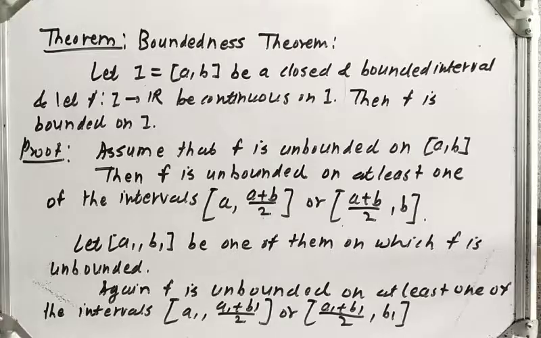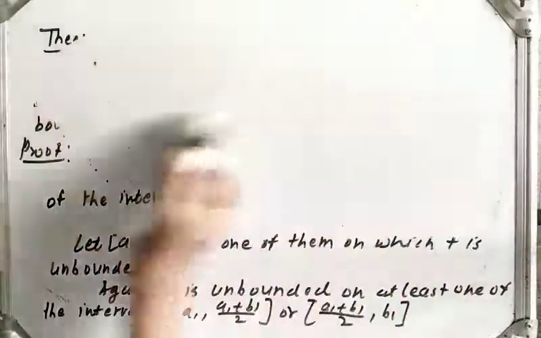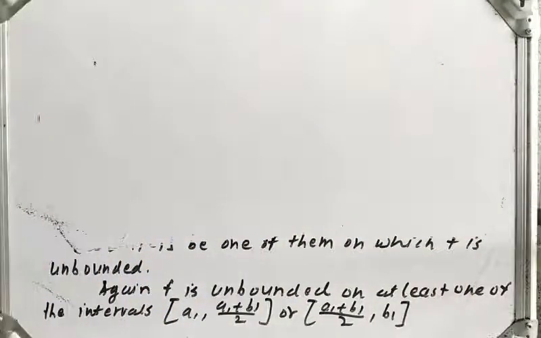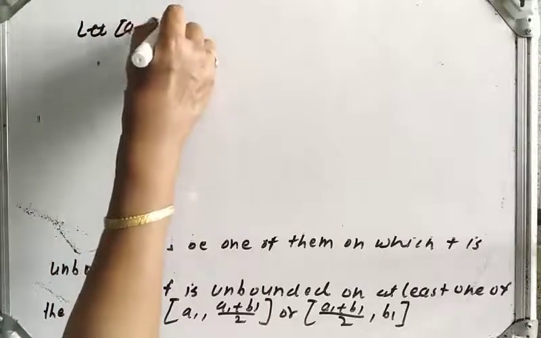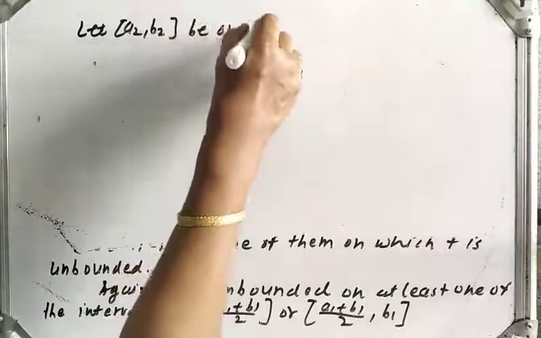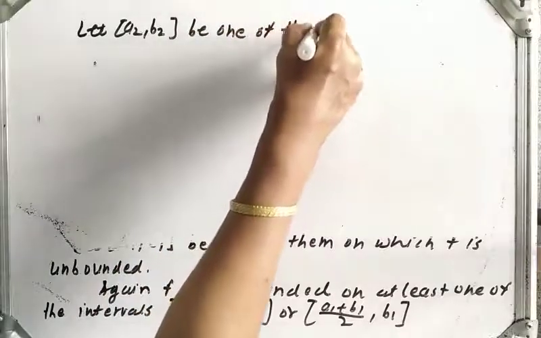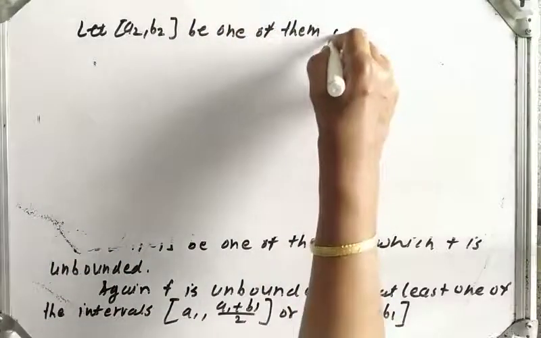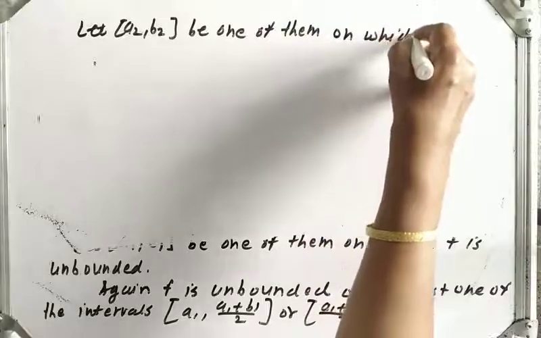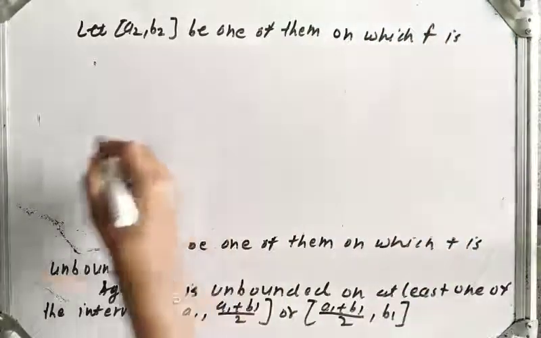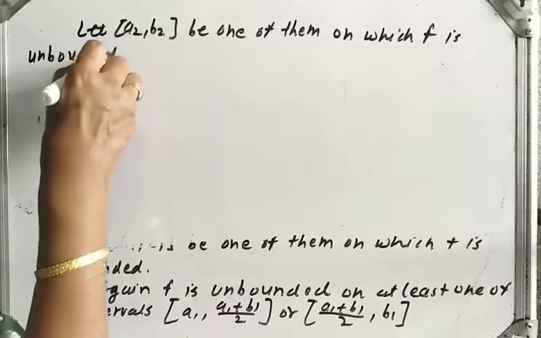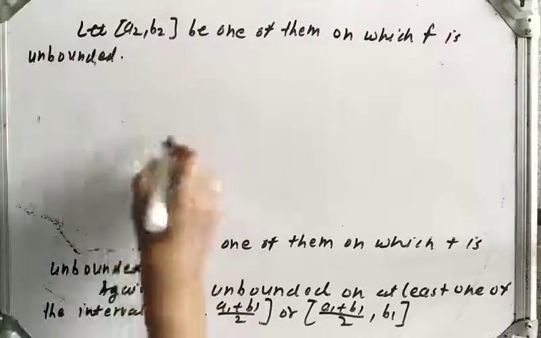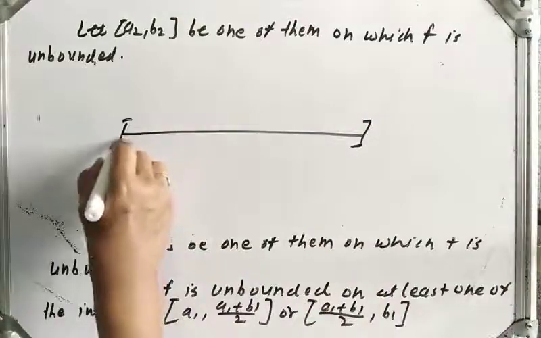So let us give the name a2 b2. Let a2 b2 be one of them on which f is unbounded.